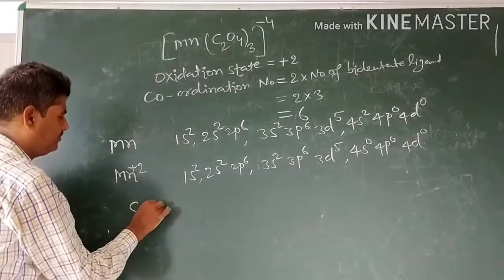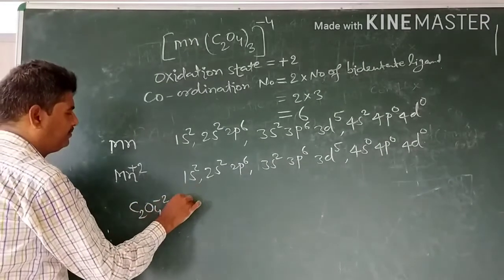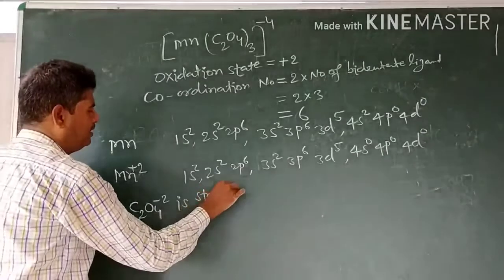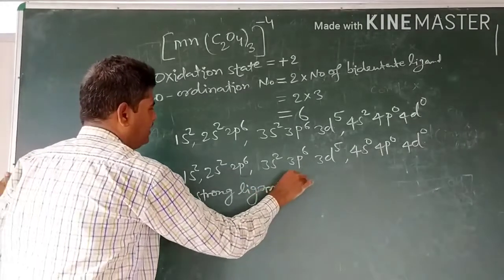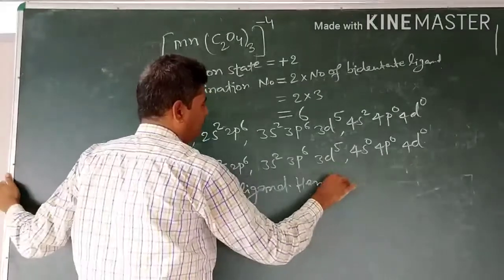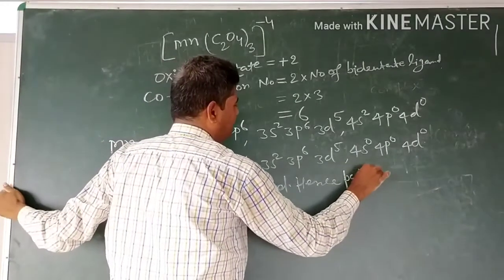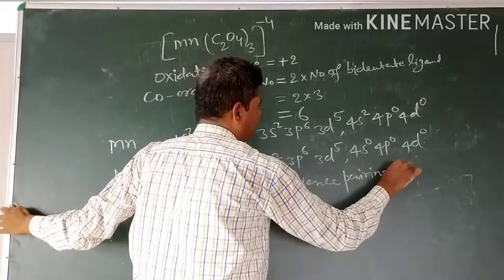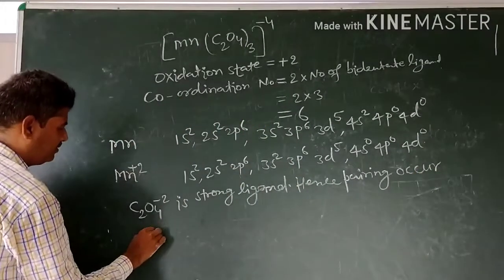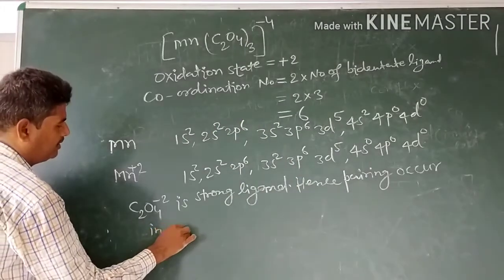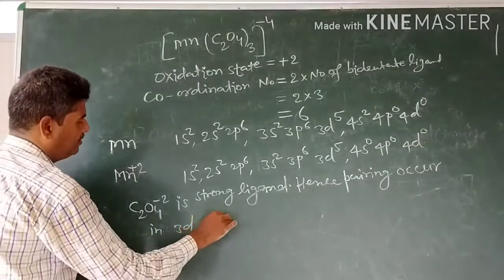Oxalate is a strong ligand. Hence, pairing occurs in the 3d orbital.